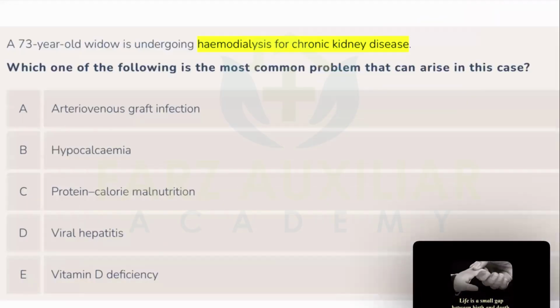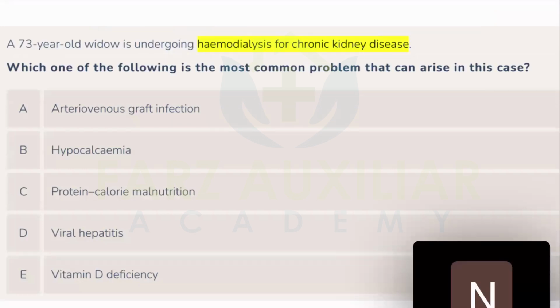Okay, we shall do this question first and then the previous question. What is the most common problem among these five options in a case of CKD undergoing HD? I don't know why they had to mention a widow. Anyway, C, sir.